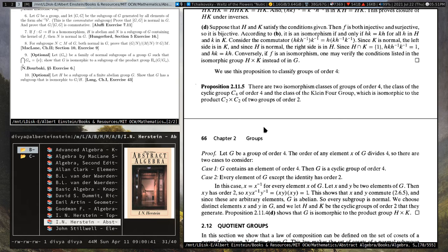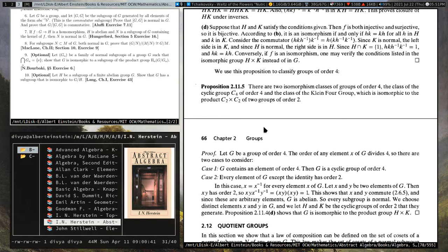In case 2, the inverses are going to be the elements themselves. So if you take two elements x and y, x has order 2, y has order 2, and xy has order 2.